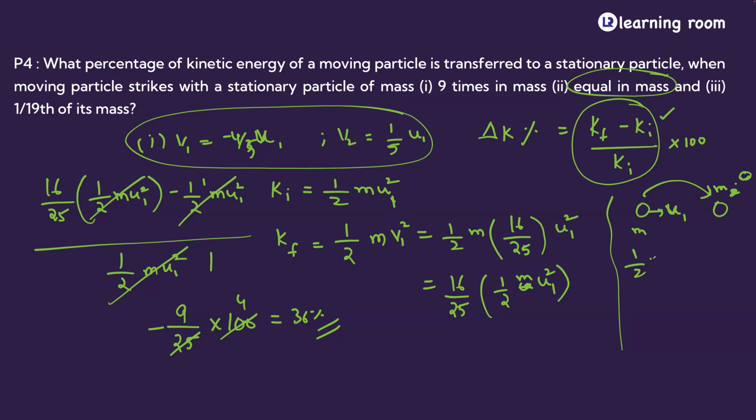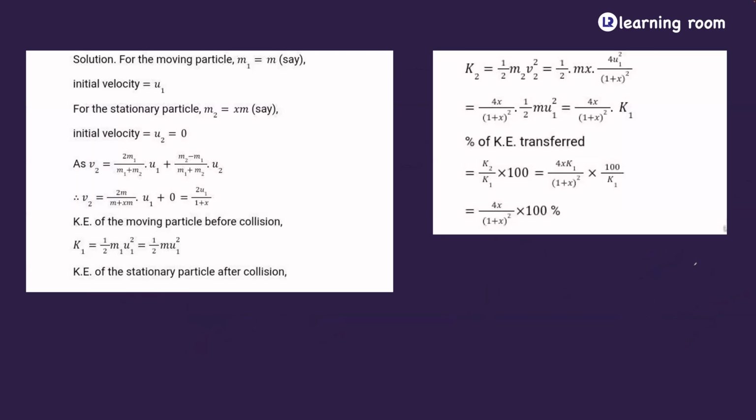Final kinetic energy is 0 since it comes to rest. So 0 minus half m u square, the initial kinetic energy, divided by the same half m u square, into 100. 100%. There is a 100% transfer.